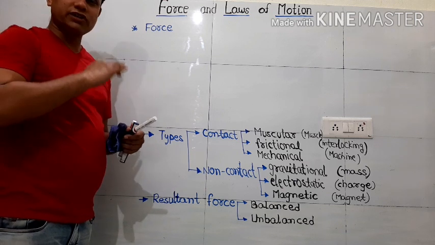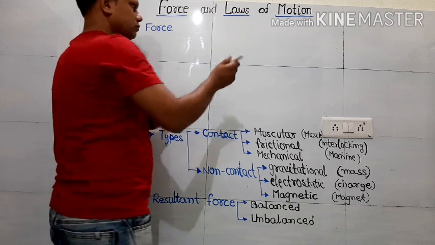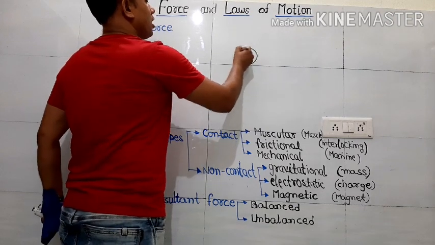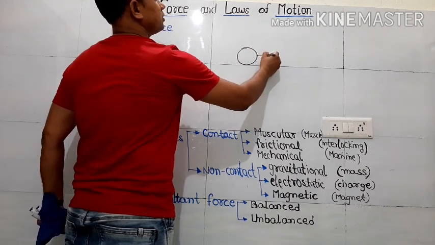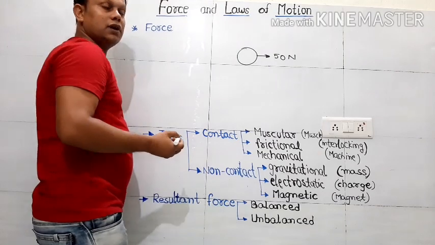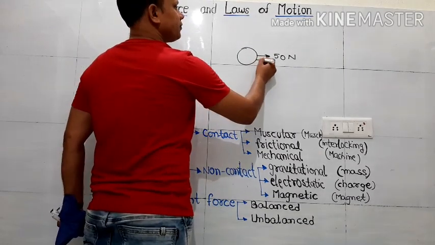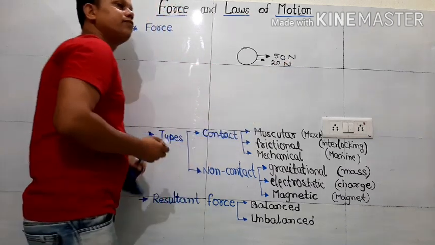So according to our previous class and previous chapter knowledge, suppose an object is there on which, on this side, a 50 Newton force is being applied, and in the same direction a 20 Newton force is being applied.